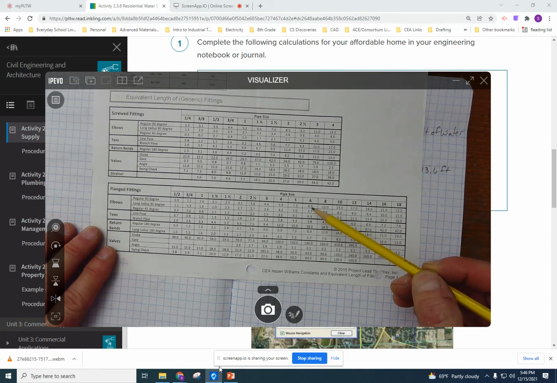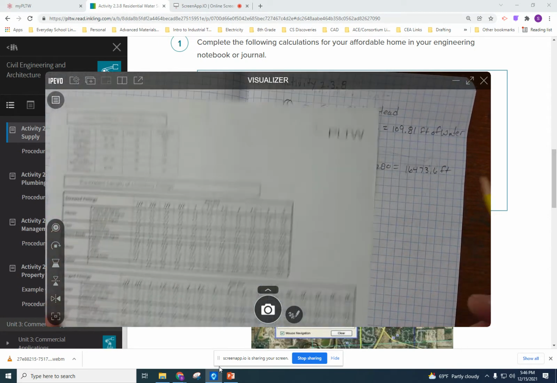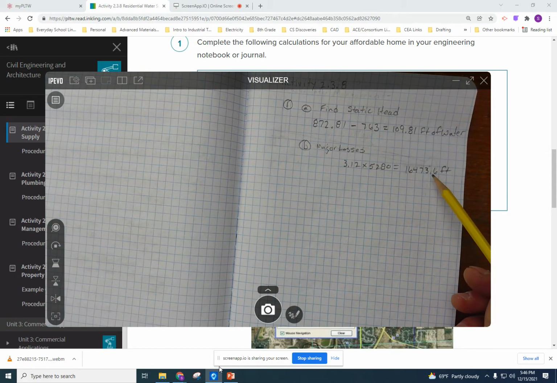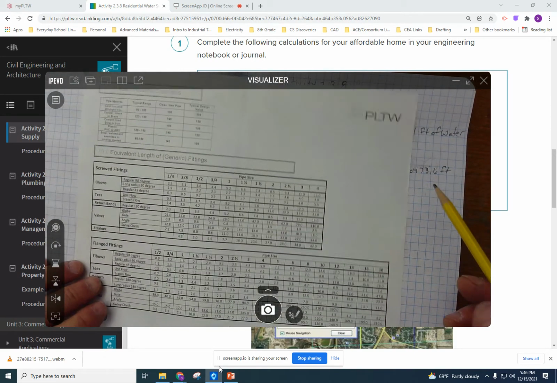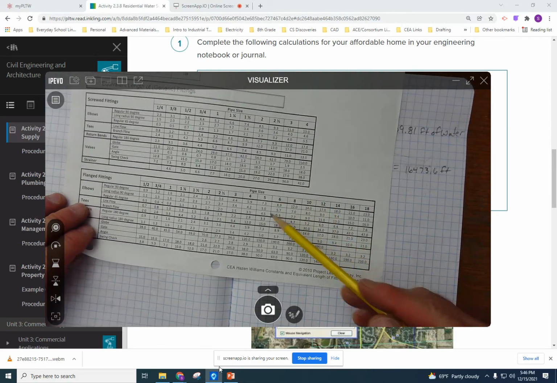They take the friction in that elbow and equate it to a certain length that we add to this length, and then plug into our formula as the overall length.